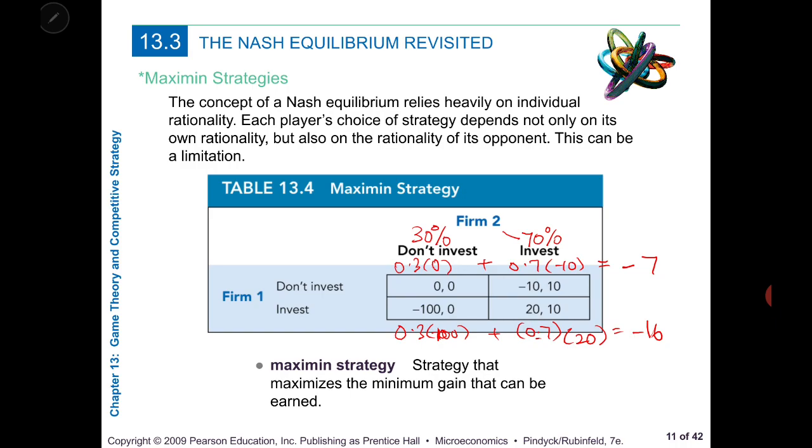So if the probability ratios change, you might get a different payoff. For example, in this case, the least cost or the best payoff will be -7 compared to losing -16, right? So the firm that does not have the dominant strategy will decide to not invest. And the equilibrium will be this one. No, it's not a fixed equilibrium. You're just choosing the decision that you will make.